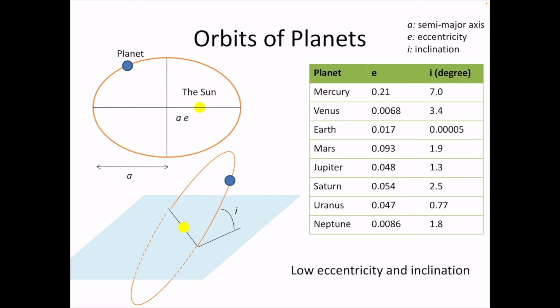By looking at the eccentricity, you can recognize a small value of E. A small value of E indicates a nearly circular orbit for all the planets. If you look at the inclination, it is also a really small value. So a low value of the inclination indicates that all the planets share the same orbital plane.